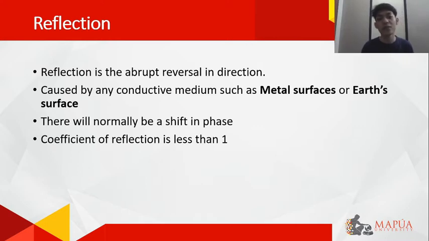Now, we proceed with discussing what reflection is. Reflection is the abrupt reversal in direction. It is caused by any conductive medium such as metal surfaces or the earth's surface. There will normally be a shift in phase, and the coefficient of reflection is less than 1.